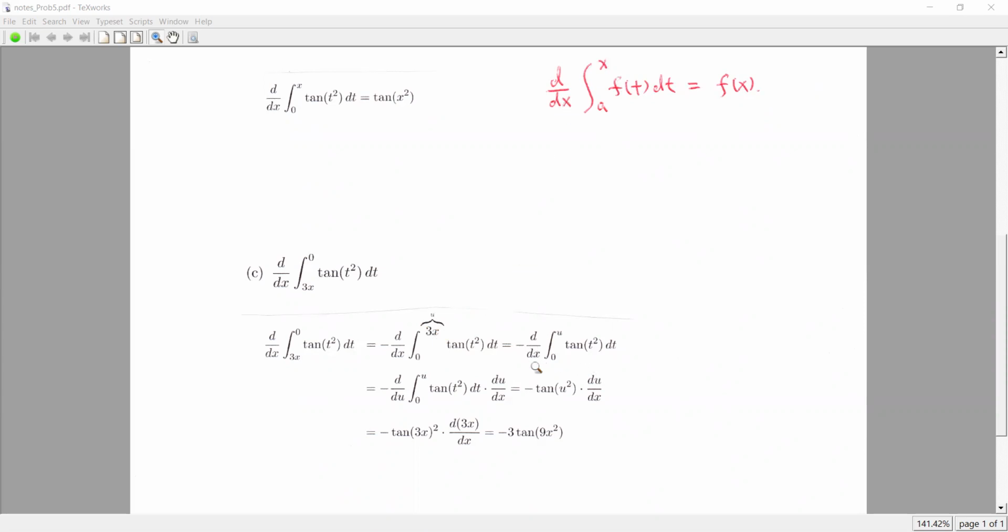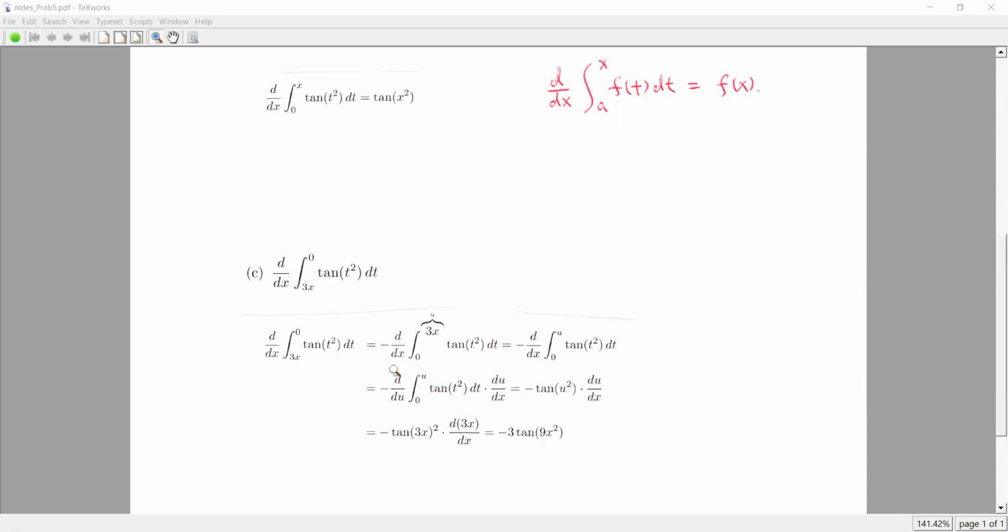But in this derivative, here is u, here is x, different. To overcome the difficulty, I use the chain rule. I insert du to the denominator and put a du to the numerator and move this dx here. Then this derivative is the product of this derivative and this derivative.